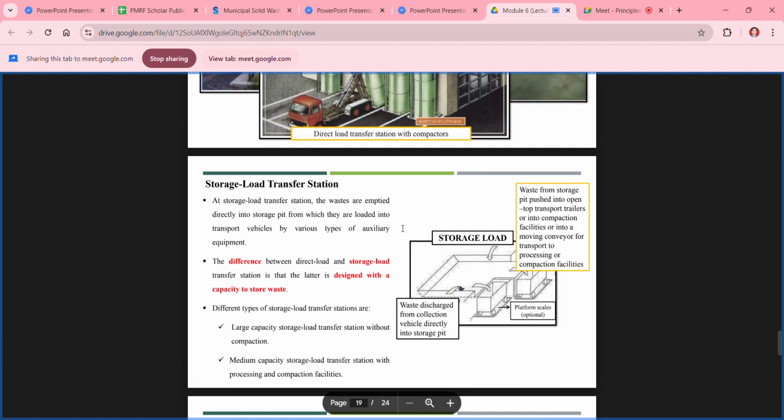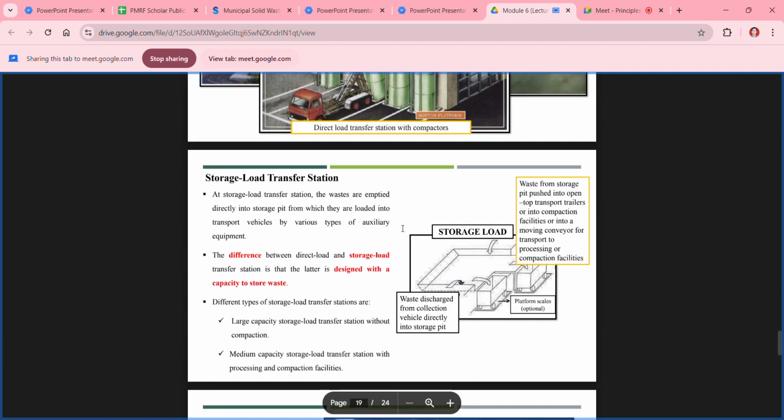Then coming to the storage load transfer station. In this type, trucks come and empty all the municipal waste at the site, and they store it. At the storage load transfer station, they can also segregate the waste into different categories.